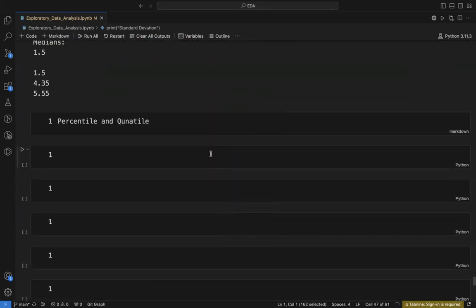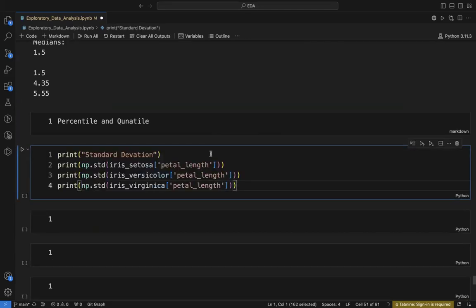Instead of the standard deviation, let's write quantiles.